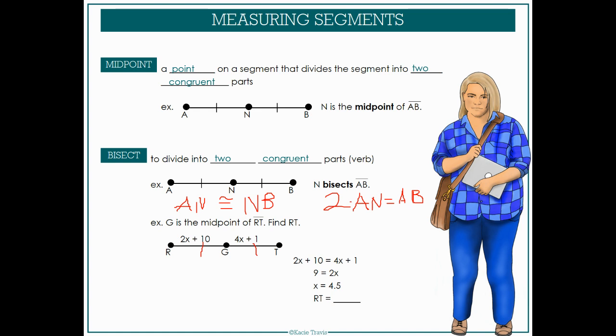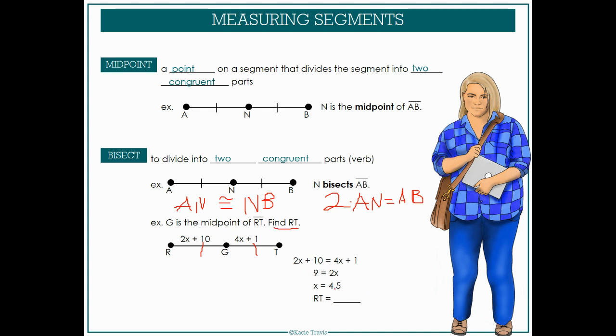In situations like this, you have to make sure you pay attention to the directions. This does say find what RT is. So, using the information we have from the line, we can find out what x is and then take x and plug it back into our equation. I know that both of these two add up to the whole line.